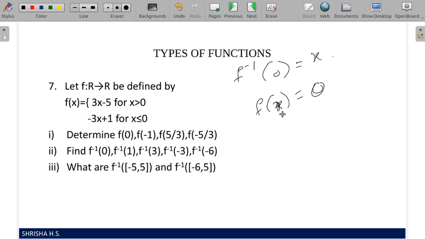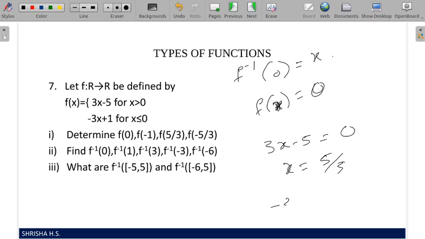So this x, whether it is a positive number or a negative number, we don't know. Whether 3x minus 5 equal to 0 gave us 0, or minus 3x plus 1 gave us 0, we do not know. So we have to apply both and see which one properly suits. Let's do it for 3x minus 5 equal to 0, x equal to 5 by 3.